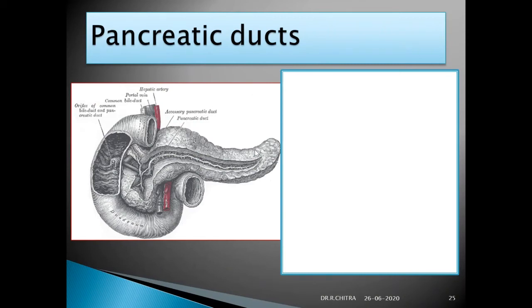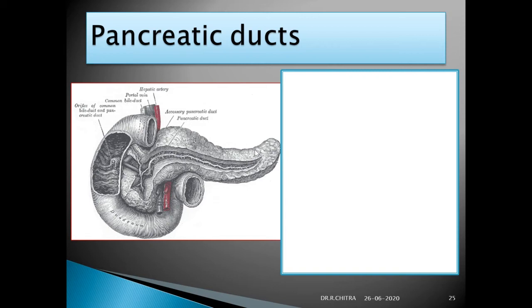So we will now come to the pancreatic ducts. This pancreatic ducts topic may again be asked as a short note for you. We have completed the parts of the pancreas so far: head, which has two surfaces and four borders; neck, which is a short part which connects the head and the body. Body is triangular in cross section.